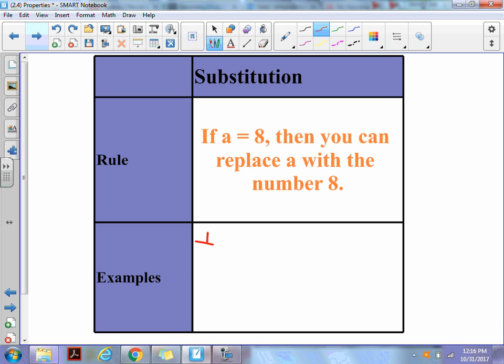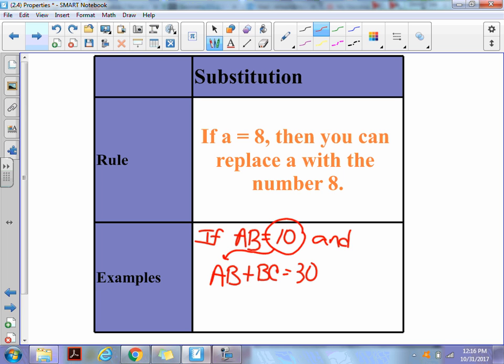So for example, if segment AB was 10, and say AB plus BC is equal to 30, you can take that 10 and replace it right in. Then 10 plus BC would have to be 30. We just substituted it in.